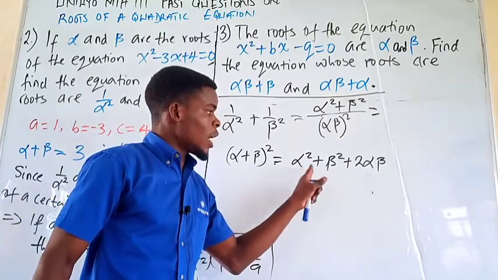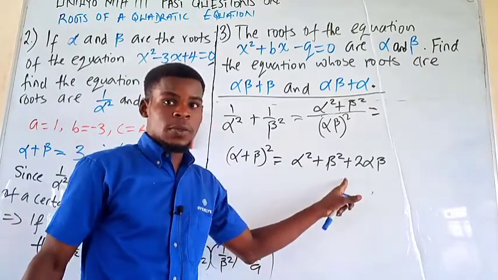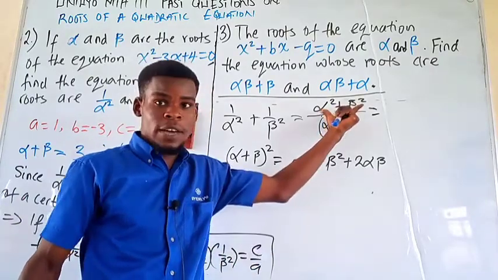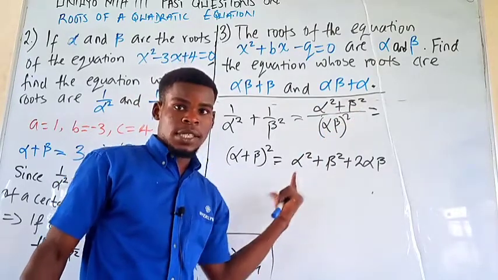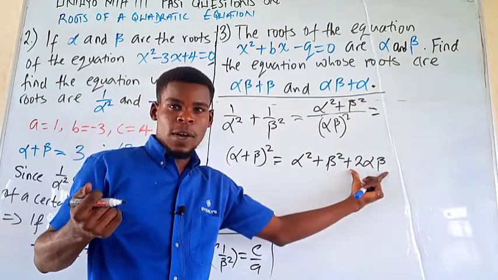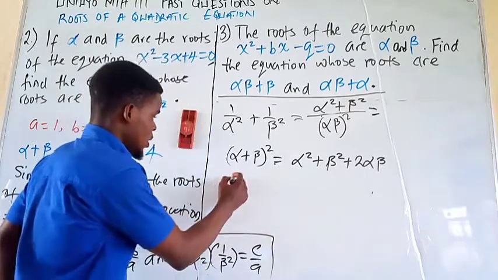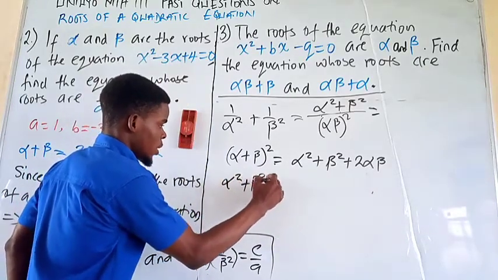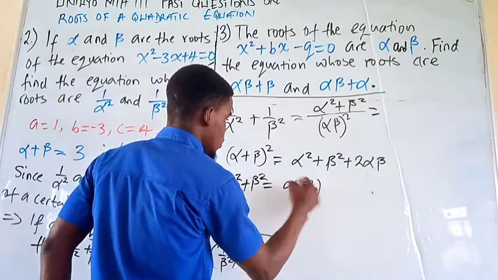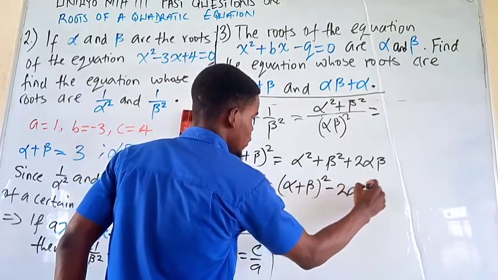And if I want alpha squared plus beta squared to stand alone on one side, I'm going to subtract 2 alpha beta from both sides. So alpha squared plus beta squared is alpha plus beta all squared minus 2 alpha beta.